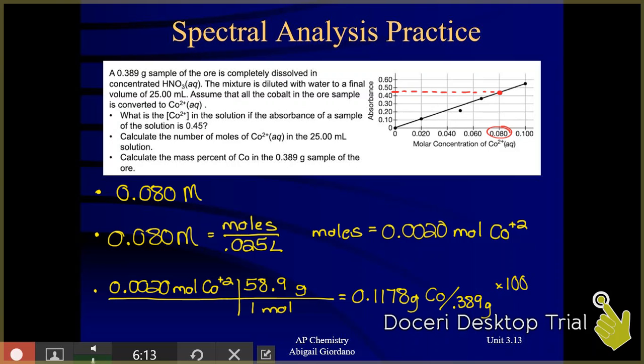And that gives me, I'll put it down here where we can see it, approximately 30.3%. Okay, so those second two bullet points in that question were actually review. The only thing new here was that first bullet, looking at the graph, okay? But I'm just showing you ways that they could bring in older topics, all right?